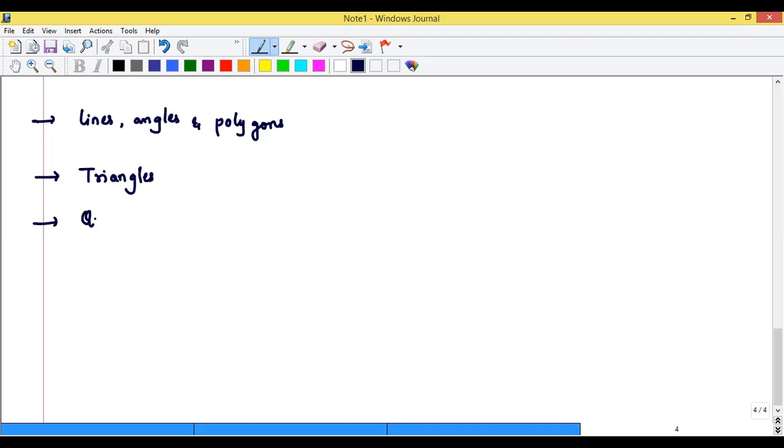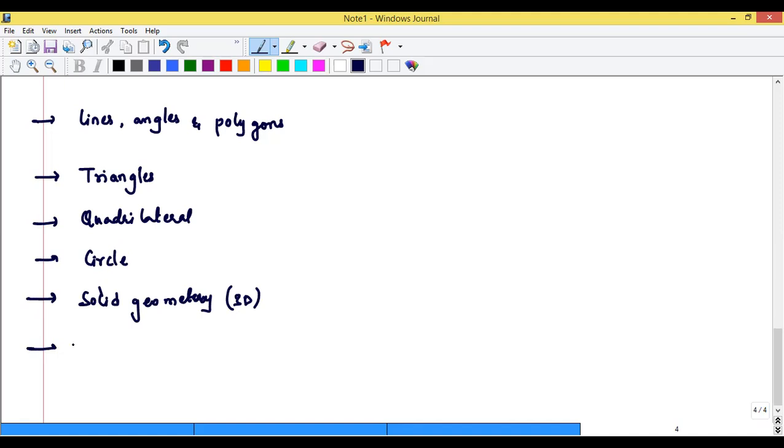Then quadrilaterals, circles. Then solid geometry. Solid geometry means you look at all the solid figures, like 3-dimensional figures. It is 3D. Then after, you go for coordinate geometry.